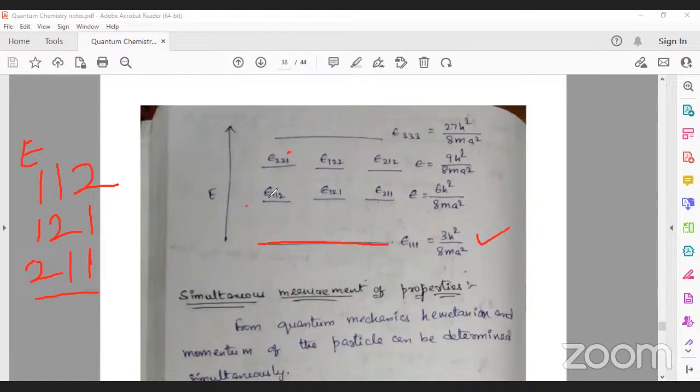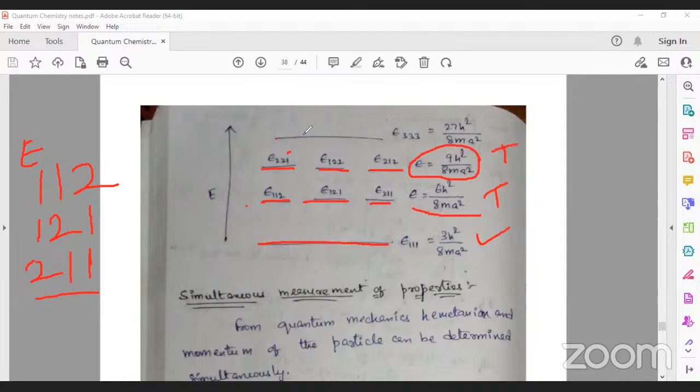Then 112 or 121 or 211, we get energy equal to 6h square by 8ma square. These three have the same energy, that is triply degenerate. Or else 221, 122 or 212. These all have the same energy, that is 9h square by 8ma square. This is also triply degenerate.